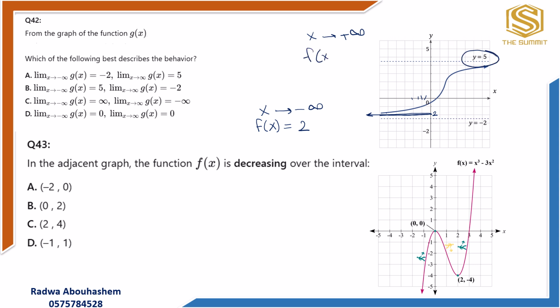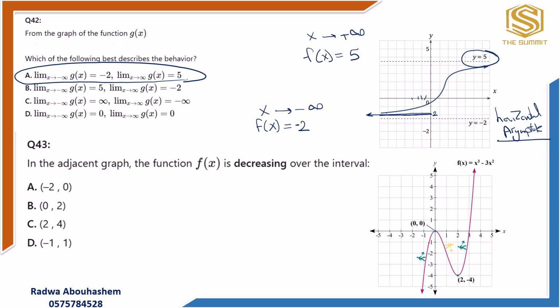So the function of x equals 5. We call this a horizontal asymptote. Remember the meaning of asymptote? An asymptote is a line that the graph does not touch, but gets closer and closer to it. So the answer here: when x approaches negative infinity, g of x equals negative 2, and when x approaches infinity, g of x equals 5.